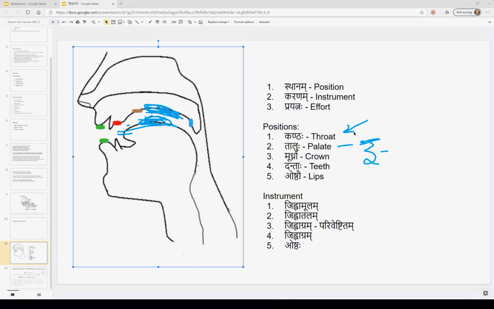That is what was being referred to, that Panini has given these positions. Yes, he has defined them. He says the position for A is kantha, that means this portion where the air is being constricted, which we do not feel because it is a bit wide there. Because the tongue is moving towards this top part to say E, the position of the letter E is talu.